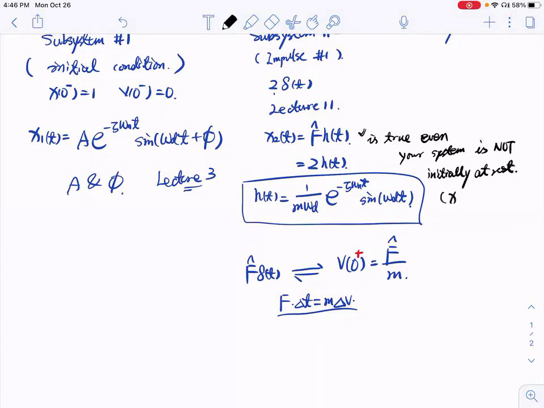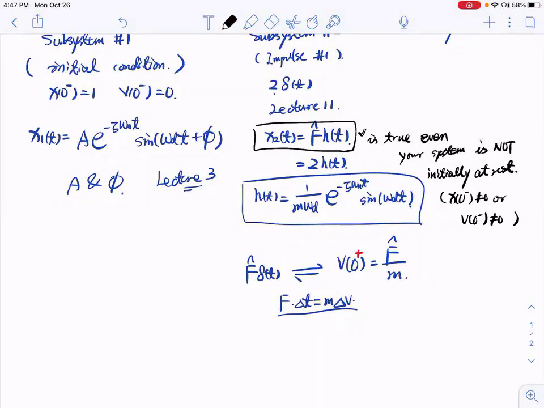This expression is always true no matter what kind of initial conditions you have. You might feel a little bit weird, because that condition makes sense with the equation right below it, with h(t) equaling 1 over m omega_d times e to the, and so forth and so on.